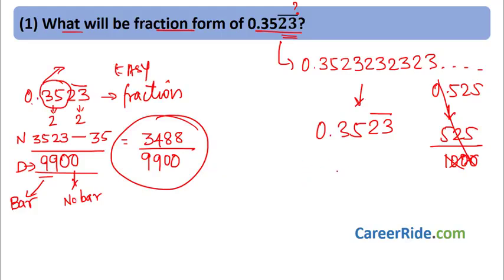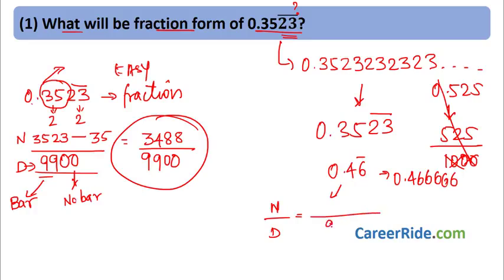Let us take another small example. Let us say we take 0.46 with a bar on the 6. What does this mean? This is nothing but 0.46666. Now we have to convert this into normal fraction form. We will have the numerator and the denominator. How many digits are there below the bar? 1. So there will be 9.